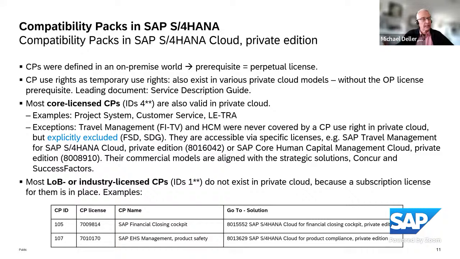Because the compatibility packs in the private cloud only came in at a very, very late point in time compared to on-premise, when we already had a significant number of final go-to solutions in place. So we didn't need those interims at all, because the final solution was already there, as you can see from these 2 examples here on the slide.